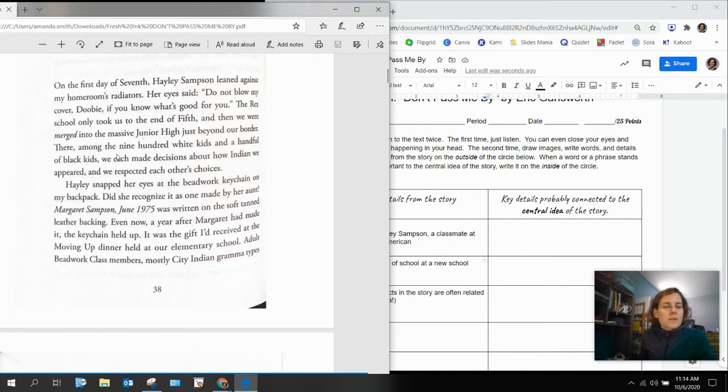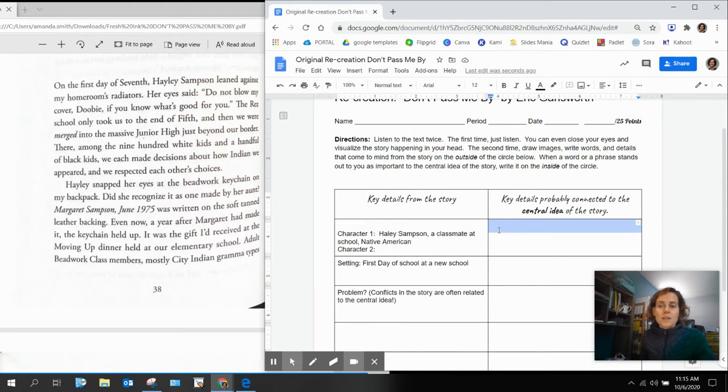And there's also something else I want to point out. It says, there, among 900 white kids and a handful of black kids, we each made decisions about how Indian we appeared, and we respected each other's choices. So this is talking about students going to a new school and basically deciding who they are. In this case, the characters are Native American, so they're deciding, how Indian am I going to be? How Native American am I going to be? That's a really important idea, and it points to the central idea of the story.